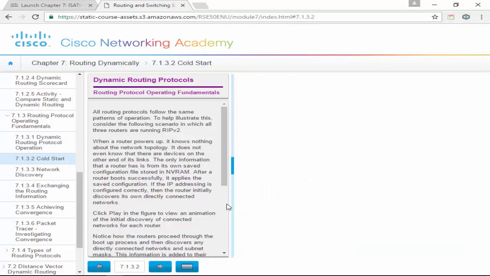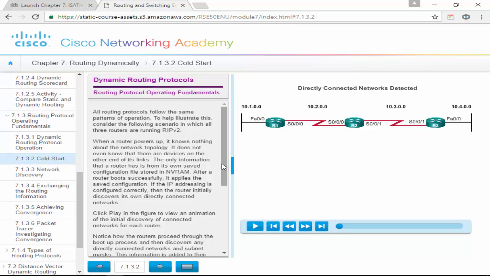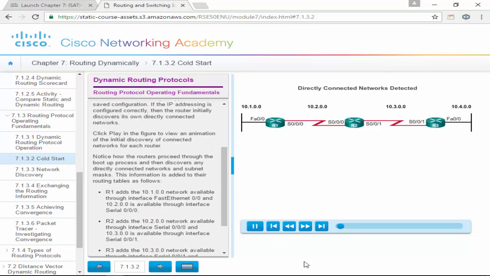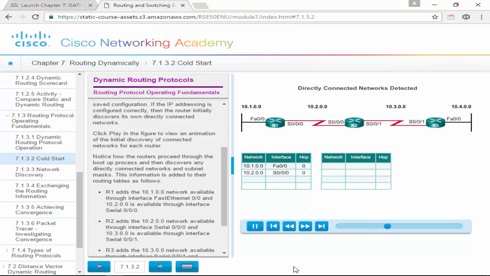Cold start. Let's see what it wants for this cold start. Probably that as it starts up, the routing table is stored in the RAM, so it's not permanent.